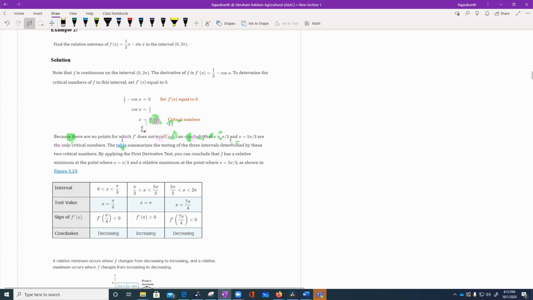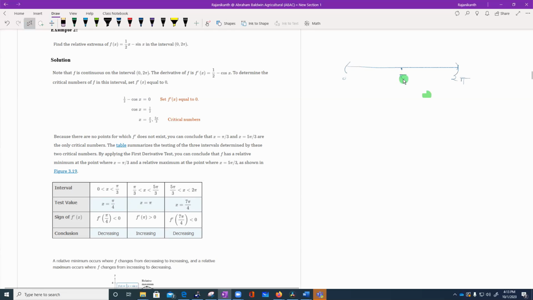Once you find the critical points, look at your domain. This is the domain for the given problem, 0 to 2 pi. So take your real line 0 to 2 pi. Now locate the critical points. We have two critical points, pi over 3 and 5 pi over 3. Where are those? Pi will be somewhere here.